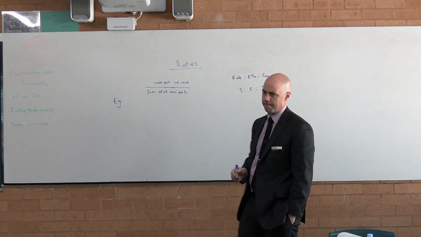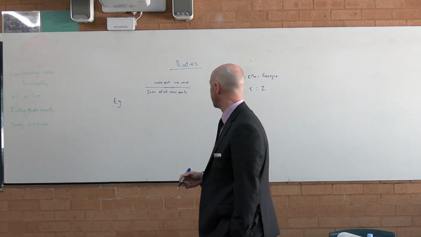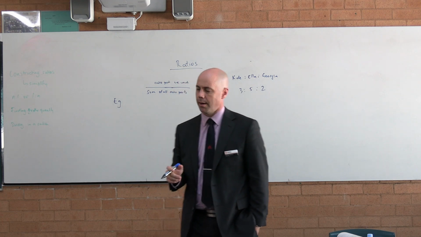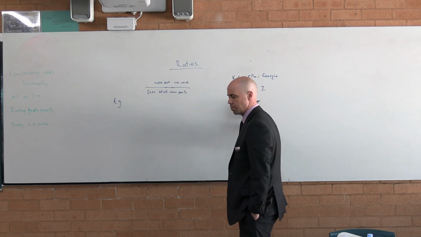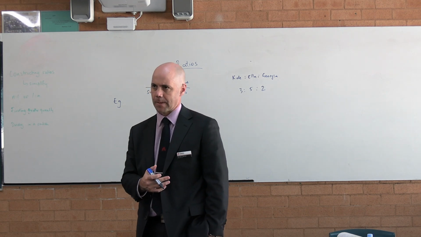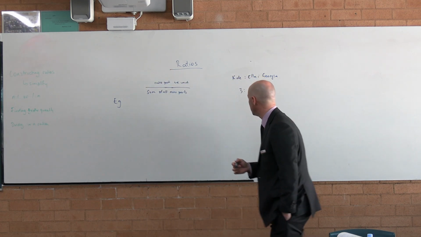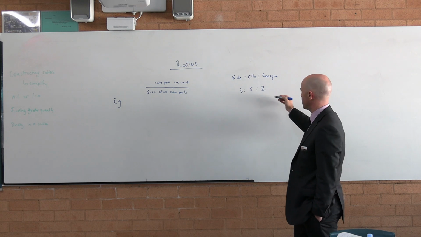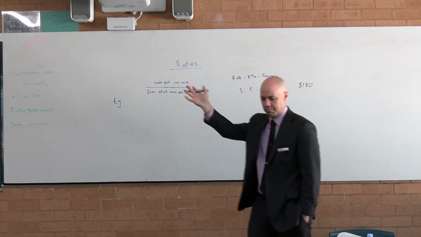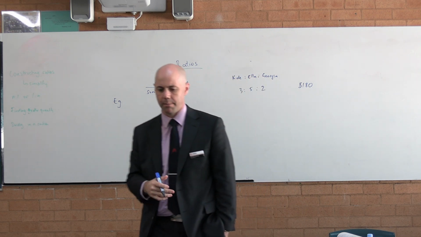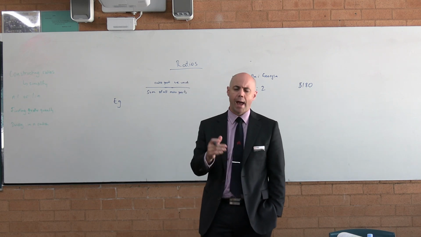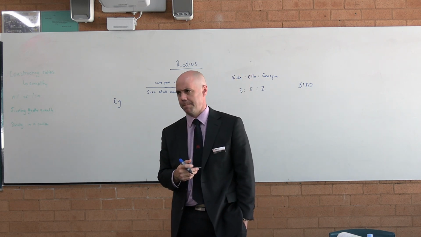Ella's done the bulk of the work, so she gets the highest part of the ratio, Kate's done the middle amount and Georgia's done the smallest amount. That's the way it's going to divide up the profits. Let's say they make a total profit of $180 on a store they hold at the local markets. How much does each person get?